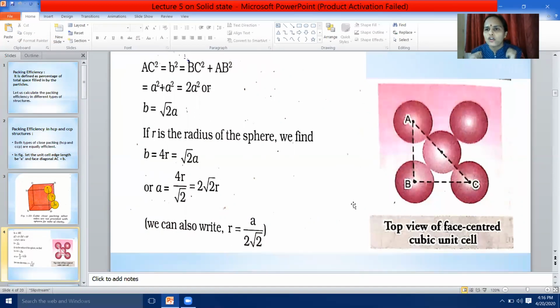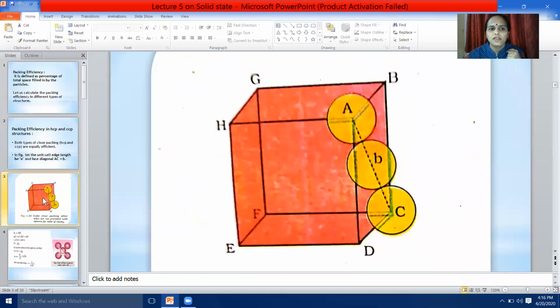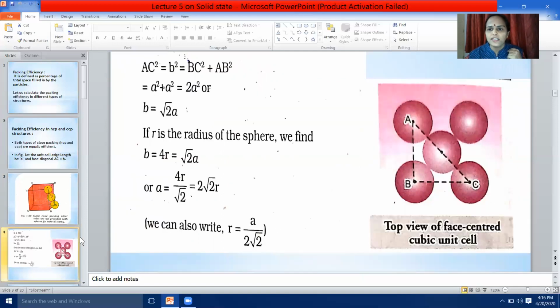In the previous diagram I showed you AC is equal to b, small b. So AC is equal to b, and the edge lengths are AB and BC. Look at the cursor movements: AB is equal to a, BC is also a, and AC is b.